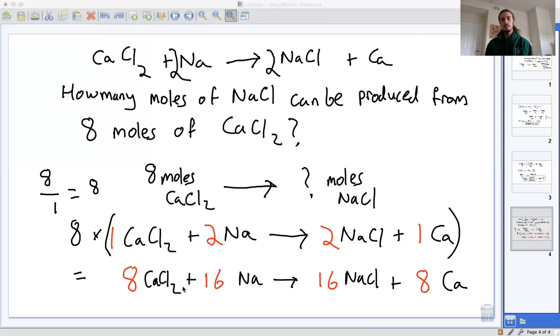This recipe has the same exact proportions between all the reactants and products. We've just scaled it up for 8 moles of calcium chloride, which means that we're going to make 16 moles of NaCl. So that's the recipe way.